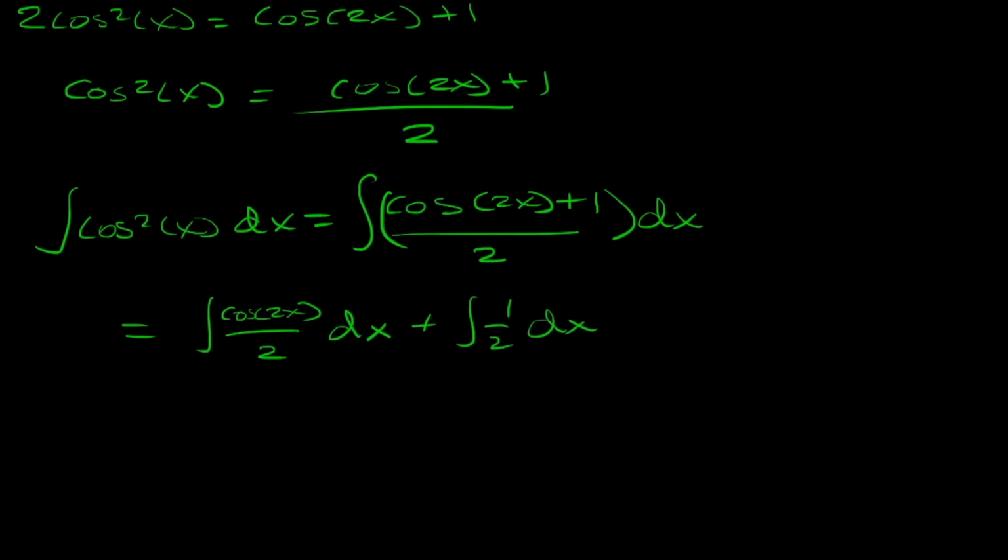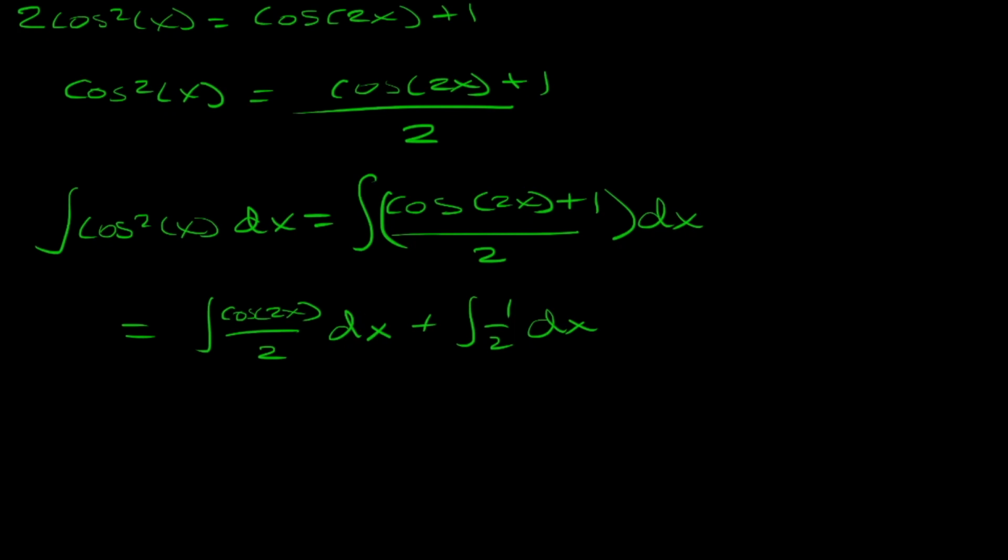So what's the integral of cosine of x? Cosine of x is sine of x. I also know that taking the integral is like anti-differentiation. Whereas for differentiation I would multiply by 2, here I'd just divide by 2.